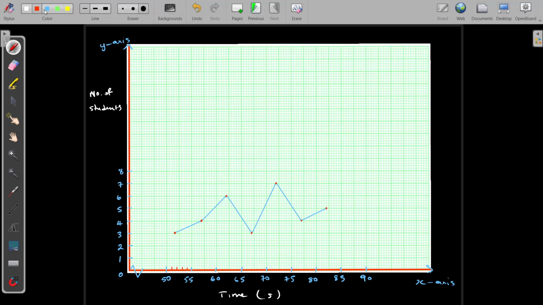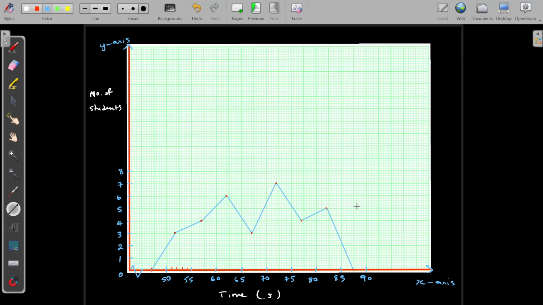So it would be at 47, 0. And over on this side, what would it be? This is 82. 87, 0. So 87, 0 right here. And that's your frequency polygon.